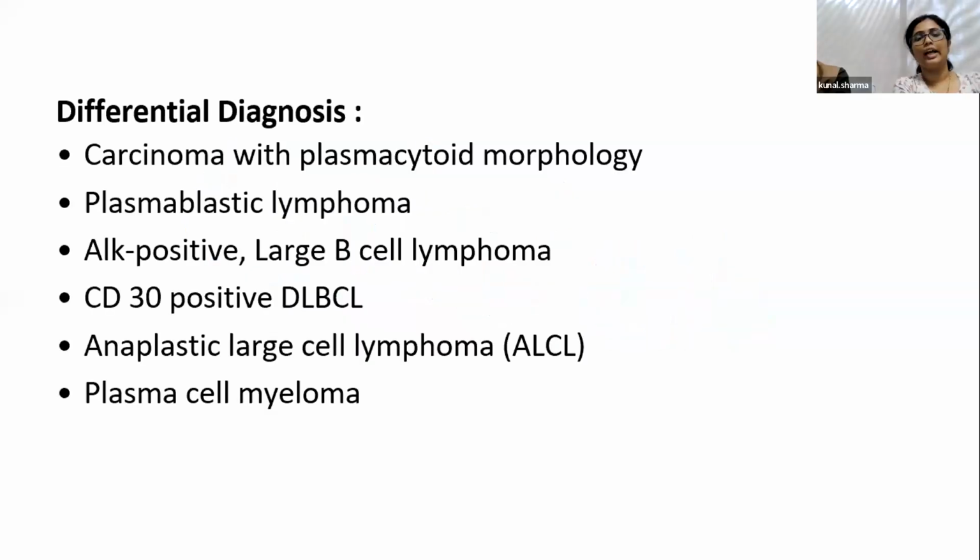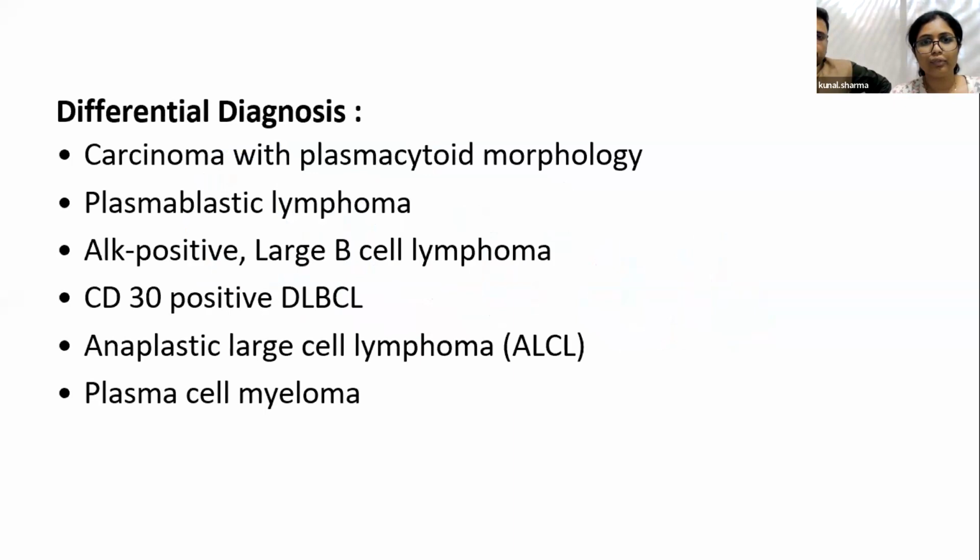So the differentials which I thought about was a carcinoma with plasmacytoid morphology, since it was in the abdomen. Then also I thought about plasmablastic lymphoma, an ALK positive large B-cell lymphoma, a DLBCL with CD30 positive, an ALCL, and obviously a plasma cell myeloma.